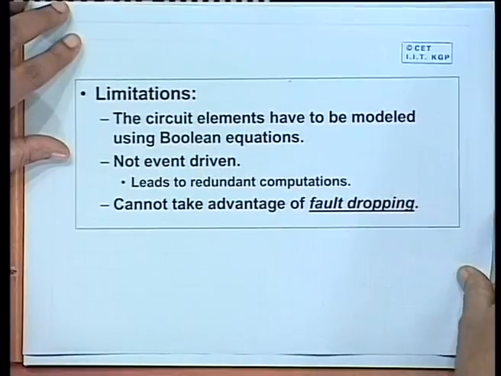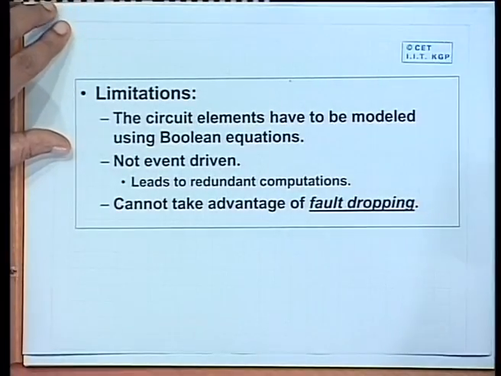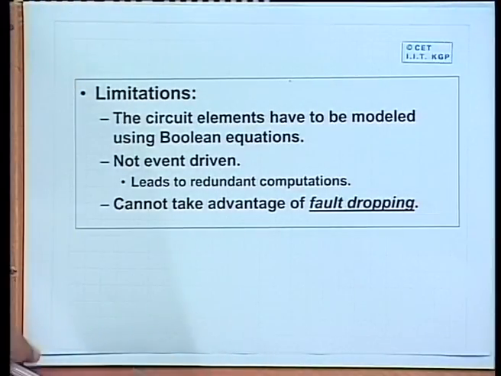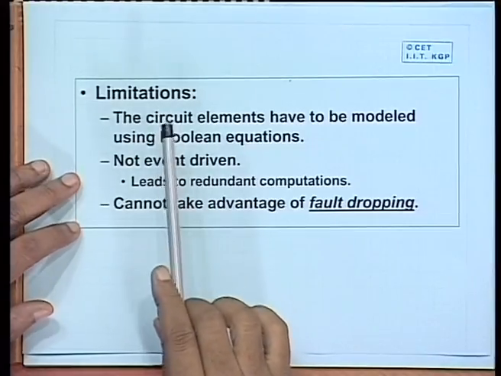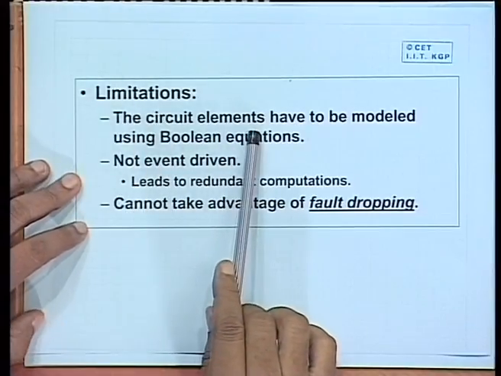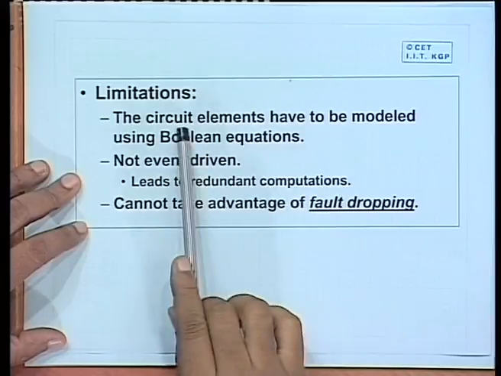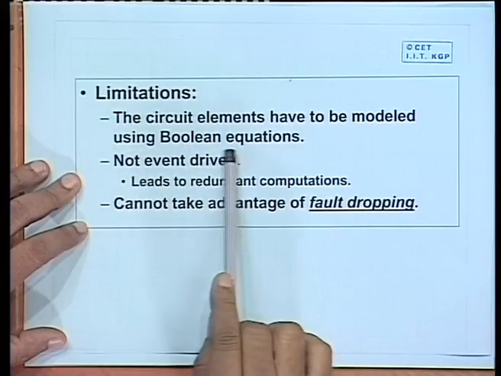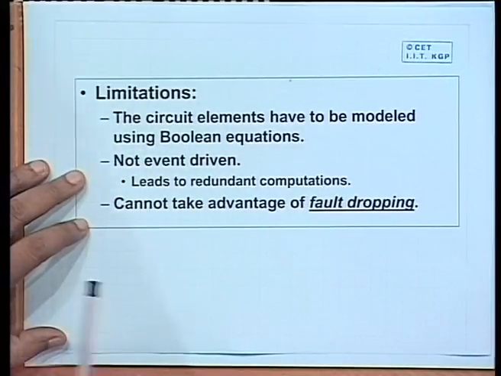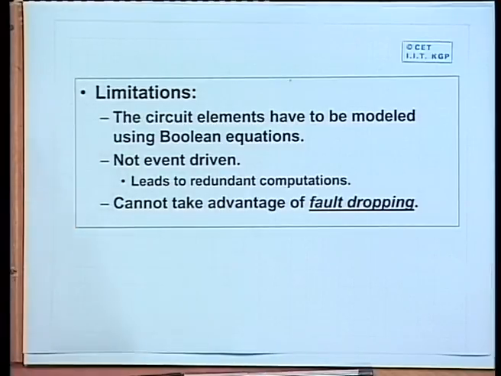Now, this method is all right, it works, but it has some limitations. Limitation in the sense, first thing is that this method works only if the circuit elements can be modeled using Boolean equations, because you are trying to utilize the inherent parallelism in the ALUs in the instruction set.